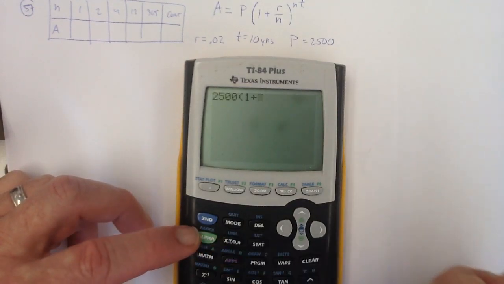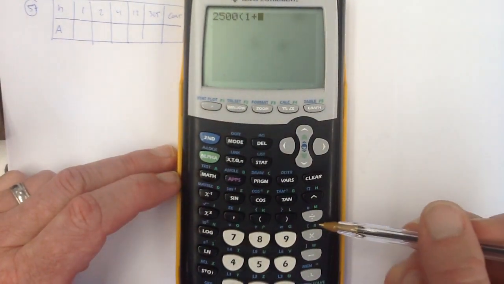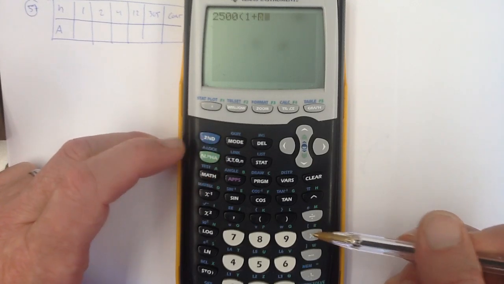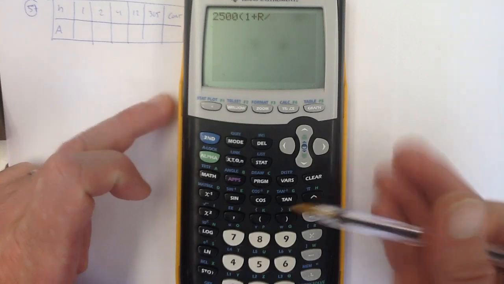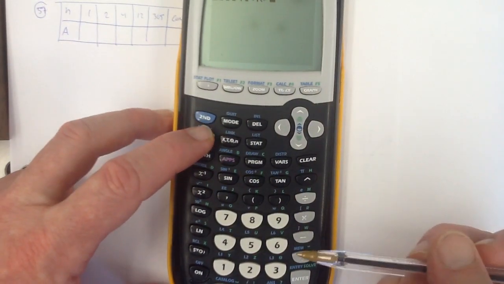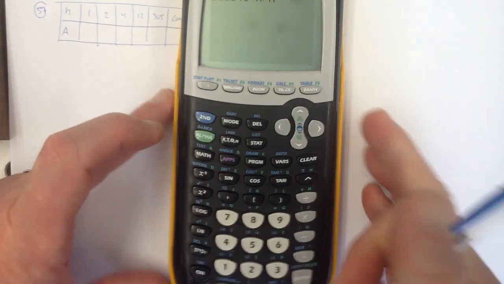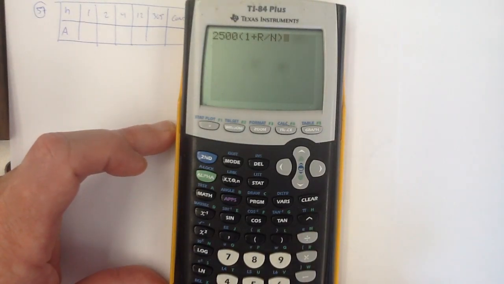I go to the alpha key, and there's the R right there. So I'm going to go R over N. Alpha N is right here.